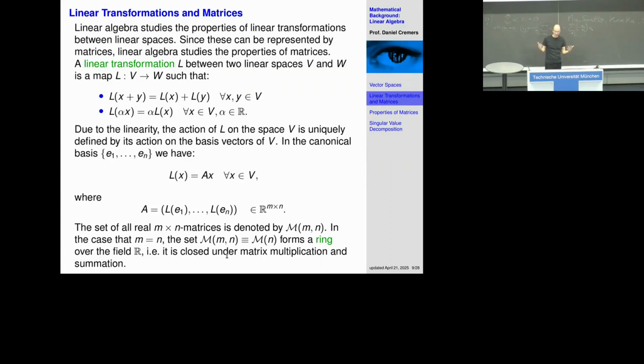In vector spaces, you can add vectors and you can do a dot product, but the dot product gives you a real number, whereas if you take two matrices, in addition to adding them, you can also multiply them, at least square matrices, and you get out another matrix. Once you have this structure, you have more than a vector space, because you have this multiplication of elements. Then this is called a ring. And what you need is to be closed under multiplication, matrix multiplication, and closed under summation.